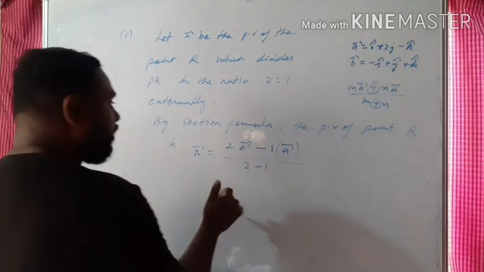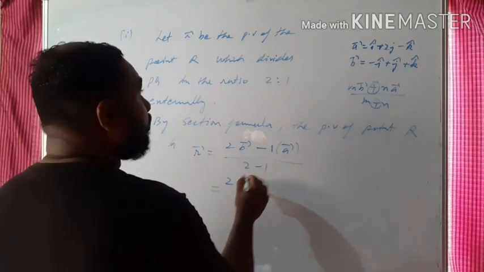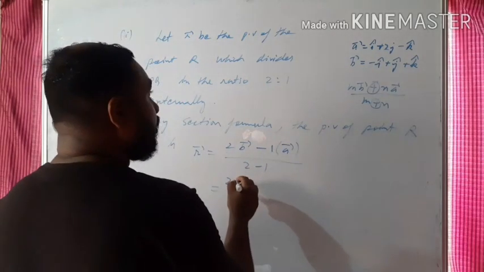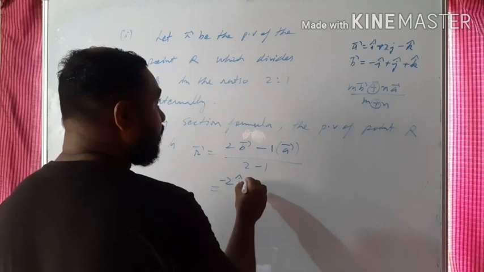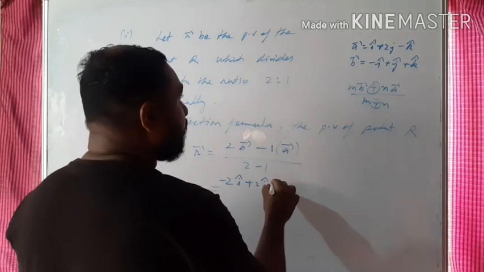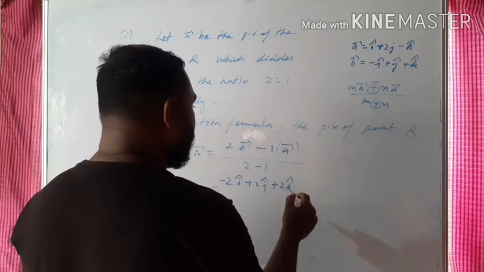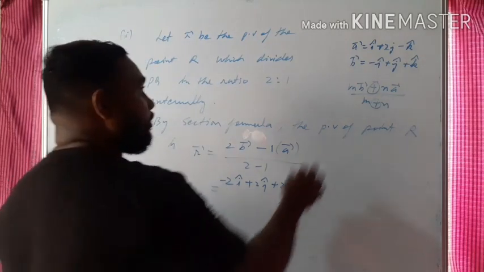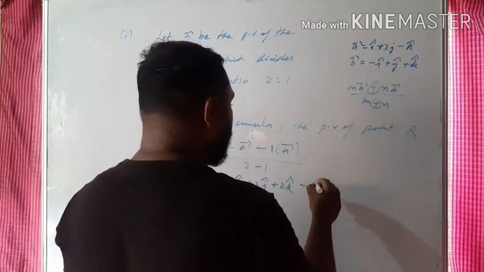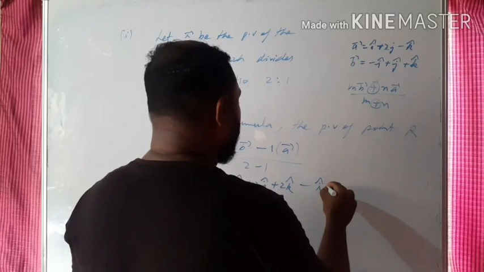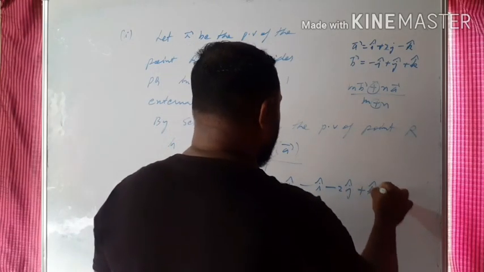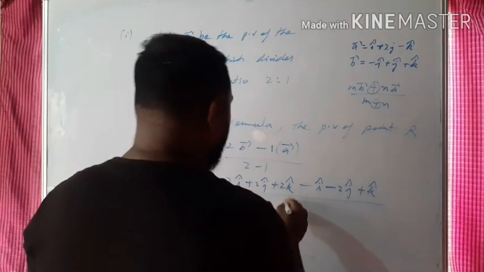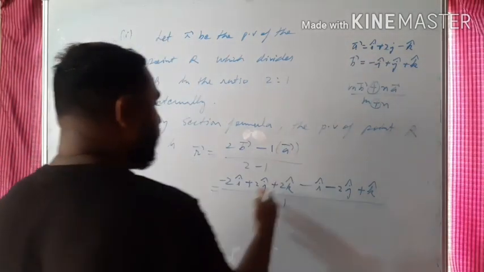So here 2 into b, I am directly multiplying: I will get 2i plus 2j plus 2k, minus 1 into a. So a is minus 2j plus k, I am directly multiplying the minus sign, divided by 1. I have put the values and directly done it.